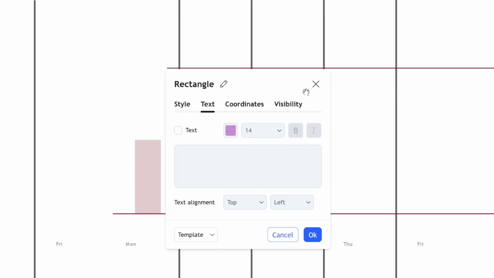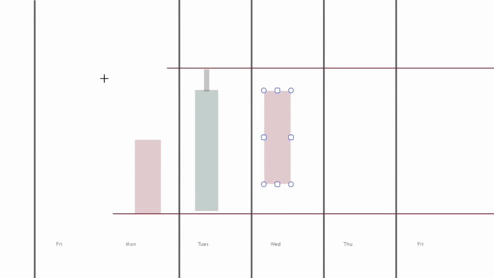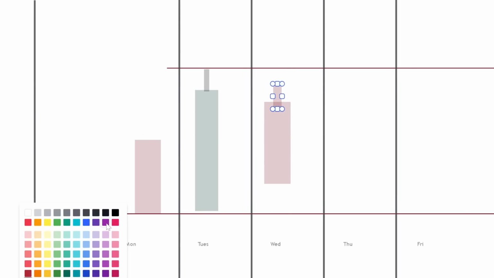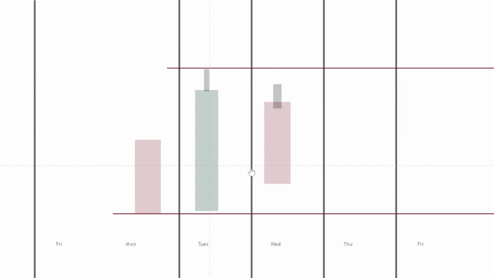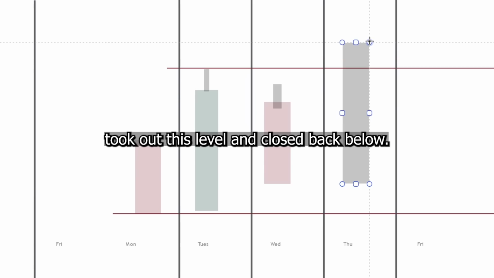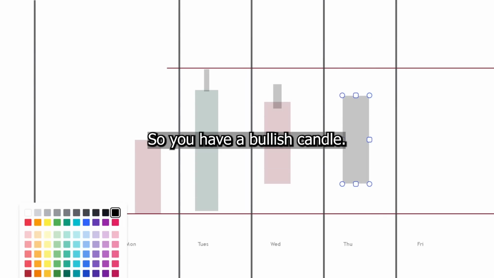So let's say on Wednesday, price stayed within the range. Your daily candle stayed within the range. So now on Thursday, price took out this level and closed back below. So you have a bullish candle.